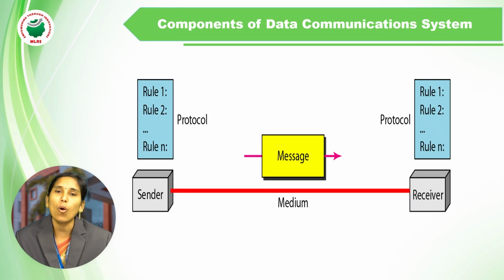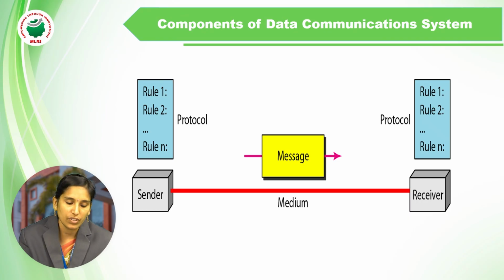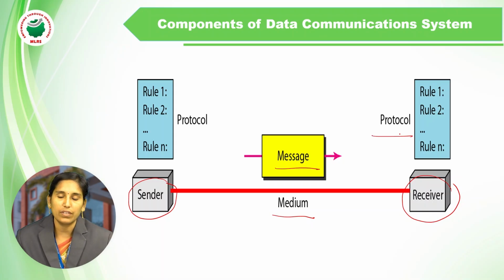There are 5 components of data communications. First one is sender, second one is receiver, third one is medium, fourth one is message, and fifth one is protocols. First, sender. Sender is a device, and the data or information can be sent to the receiver.